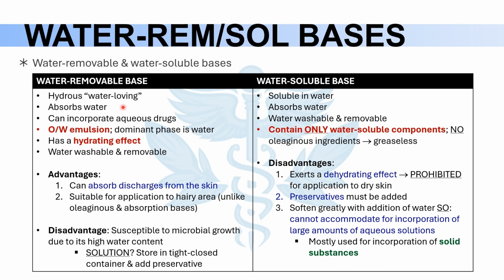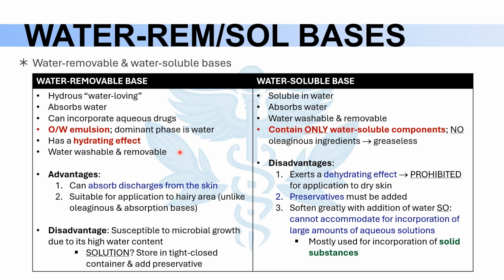They absorb water, and therefore we can predict that we can indeed incorporate aqueous drugs. Water-removable bases are oil in water emulsions, and therefore the dominant phase is water, which again supports the incorporation of aqueous drugs. And it has a hydrating effect. Therefore, we can use it for patients with dry skin. And it is water washable and water removable.